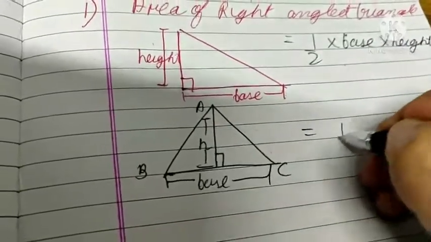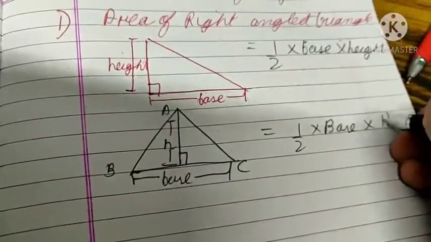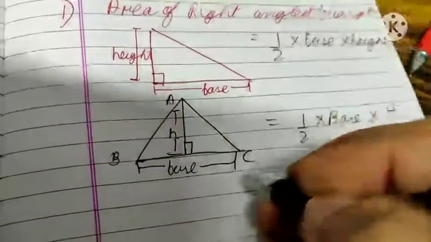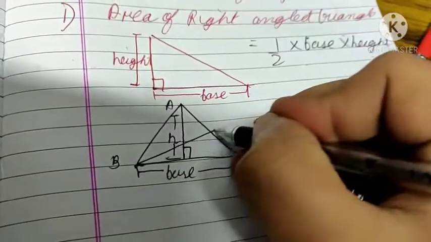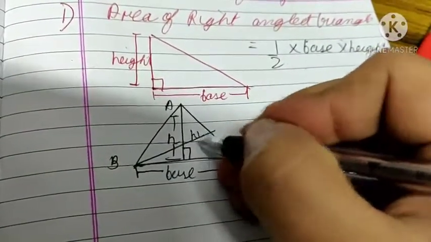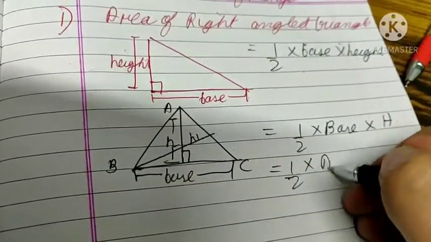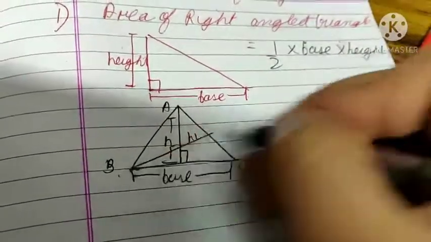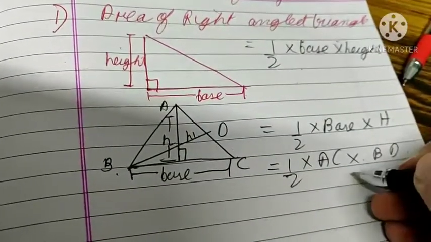So here also area is half into base into height, or you can take it the other way around as well. If AC is the base, then this will be the height taken. Okay, if half into AC, then height is BD.